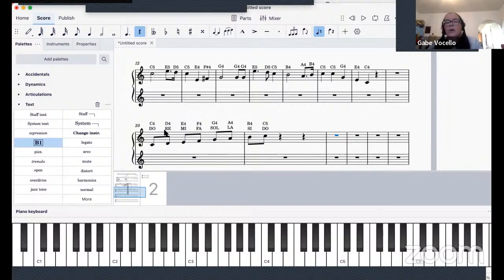We say Do, Re, Mi, Fa, Sol, La, Si, Do. Do on the alphabet is C, Re is D, Mi is E, Fa is F, Sol is G, La is A, Si is B, and Do is C.